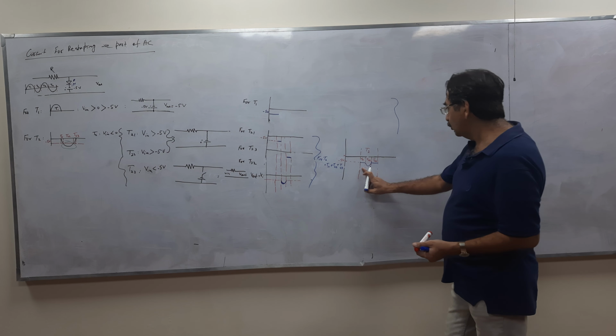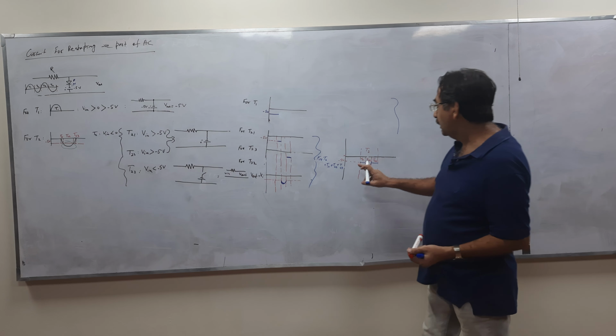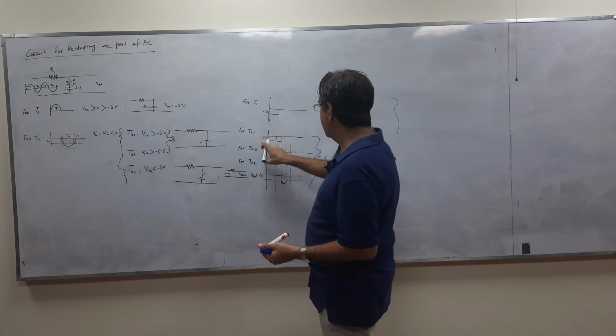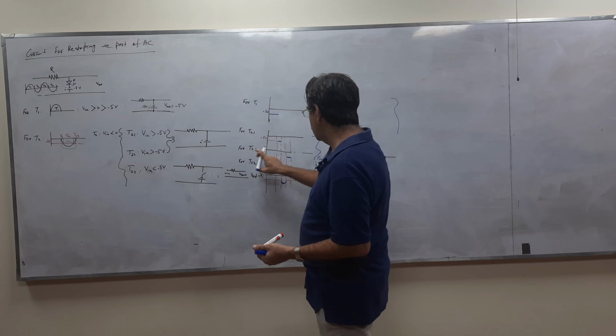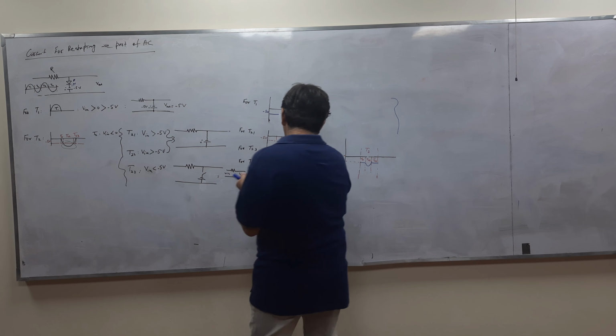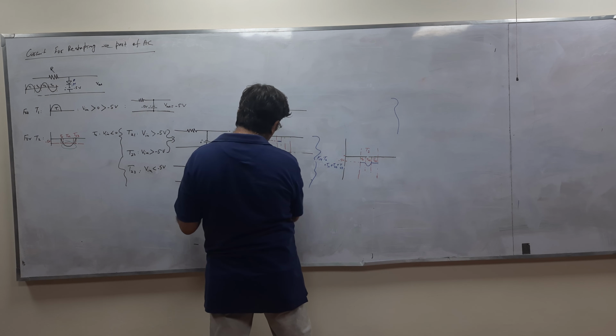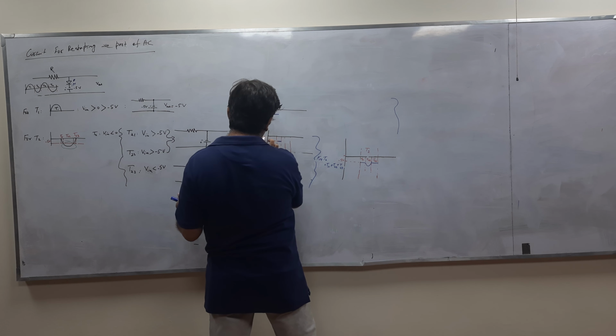For T21 that is minus 5 volt constant, and for T23 that is also a constant, also negative 5 volt. Okay, and this is also 0 and minus 5 volt.